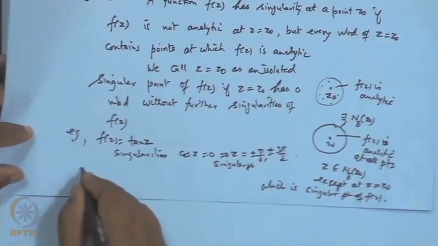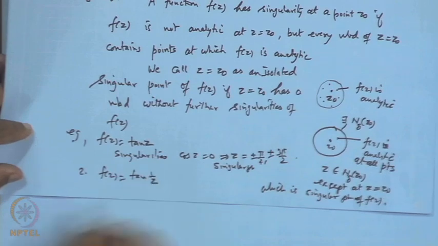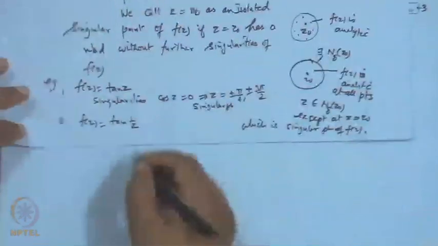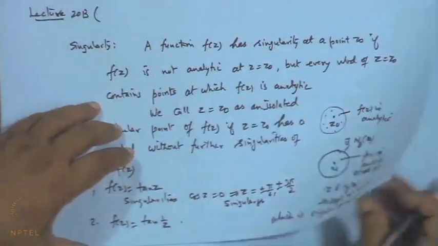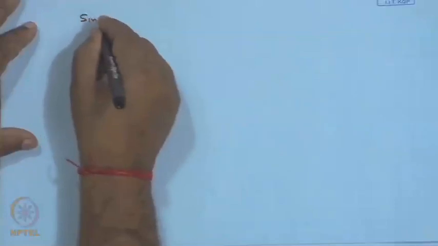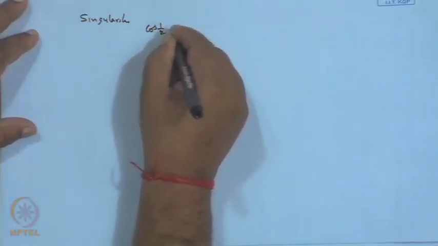However, if we look at the function f z, which is tan of 1 by z, the singularities of this will be where the cos of 1 by z is 0.